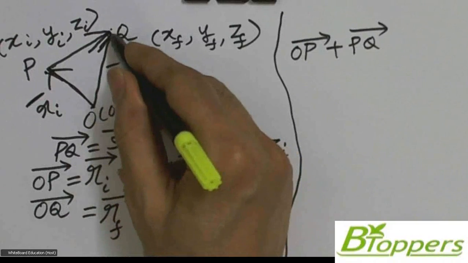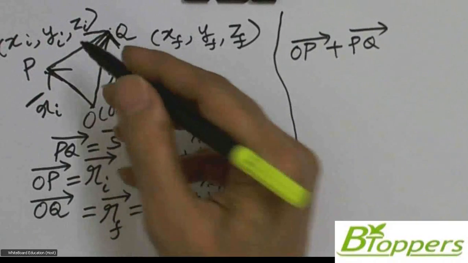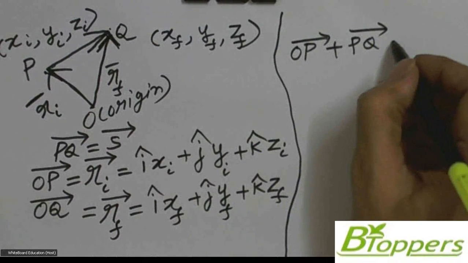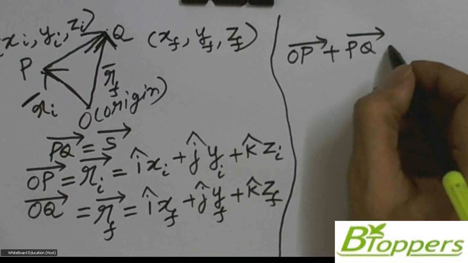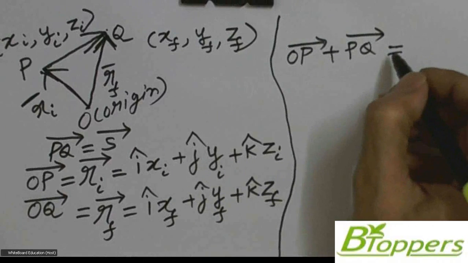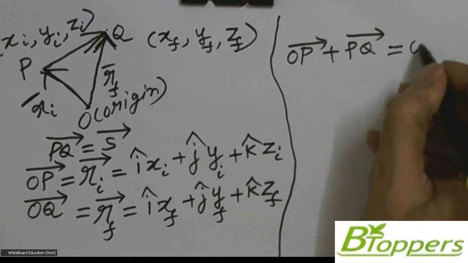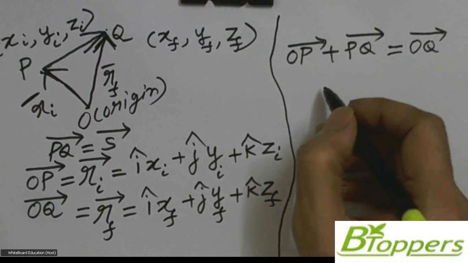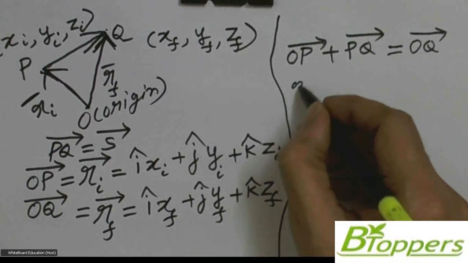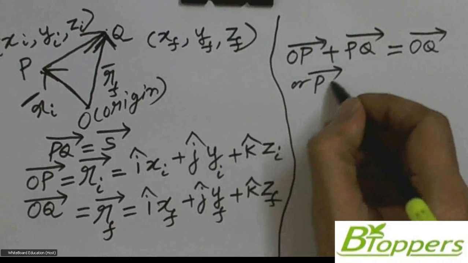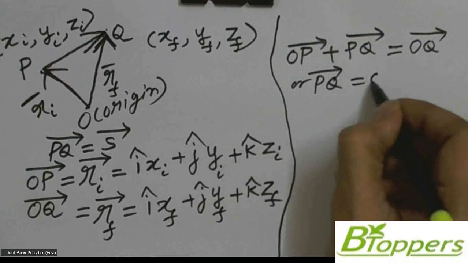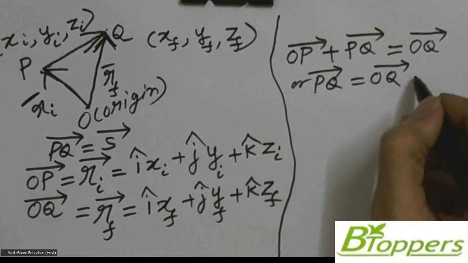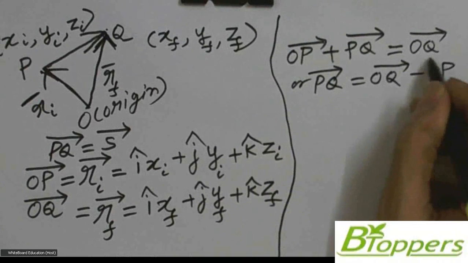The vector OQ bar is in the reversed order. So from triangle law of vector addition, we can write OP bar plus PQ bar equal to OQ bar. Or you can write PQ bar equal to OQ bar minus OP bar.